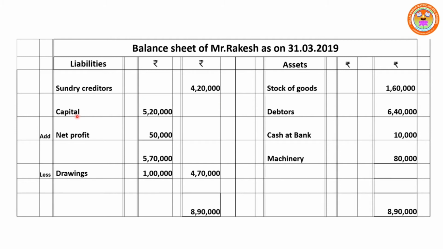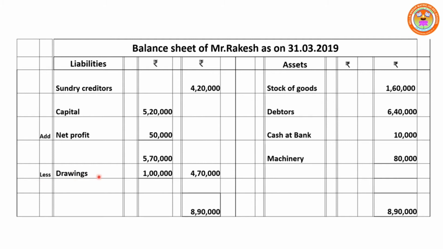Now move on to one formula, capital, that means opening capital, which is available in the question, 5,20,000. Add net profit, which we found in the previous step under profit and loss account. Add capital with net profit, 5,70,000. Is there any drawing to be deducted? So less drawings.